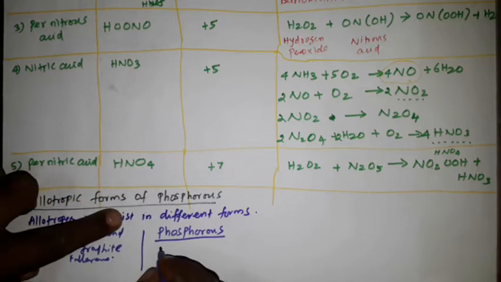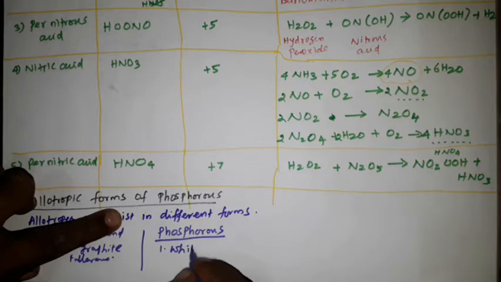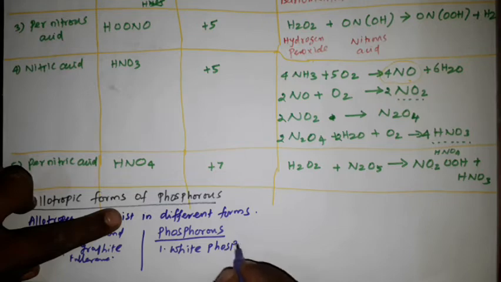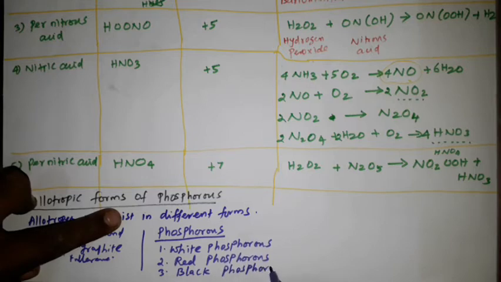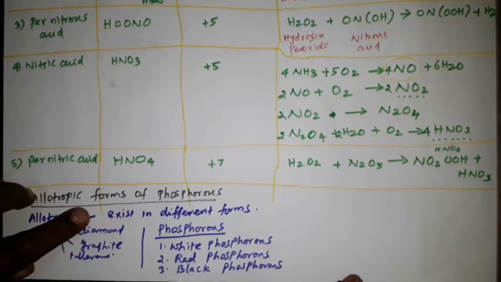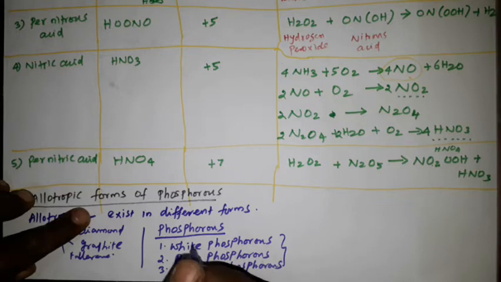One is white phosphorus, then red phosphorus, third one is black phosphorus. White, red and black, these are the three most common allotropes of phosphorus.